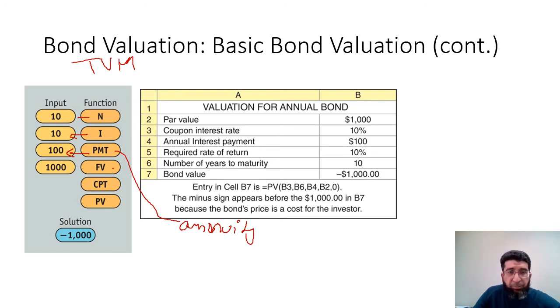Then enter 1,000 as future value and compute present value, and you will get minus 1,000. It's because the 10% interest rate, I, equals the coupon rate on which the payment is based. These two are the same, which gives you the present value of 1,000. Similarly, you can use the formula and calculate it.